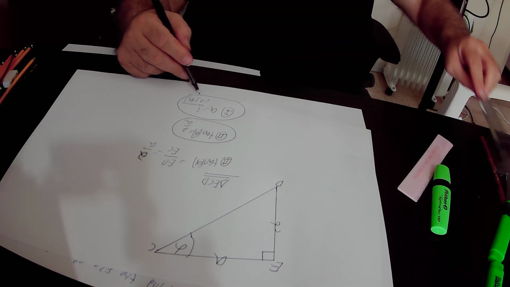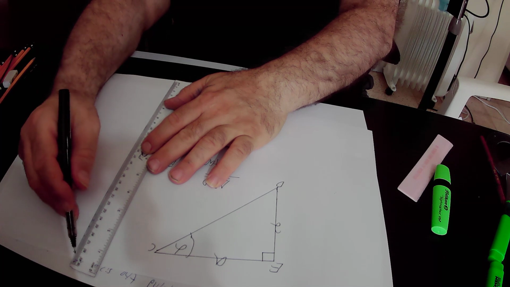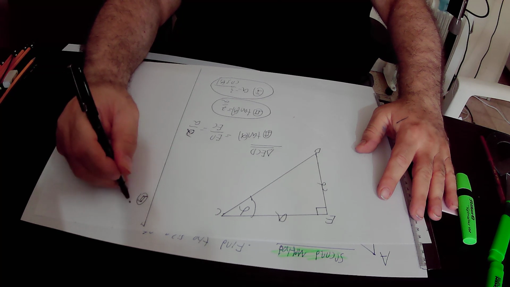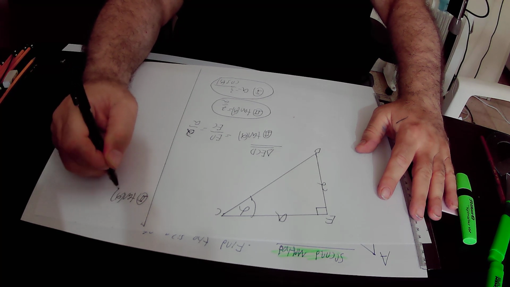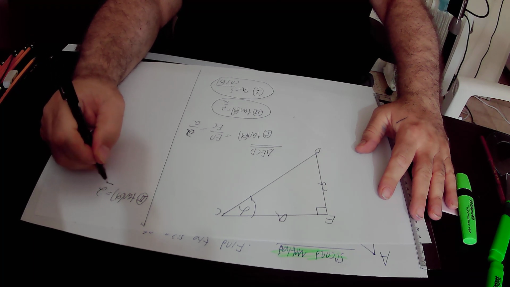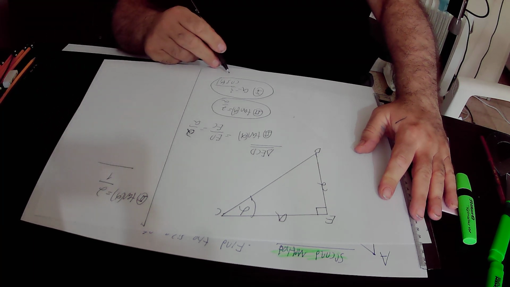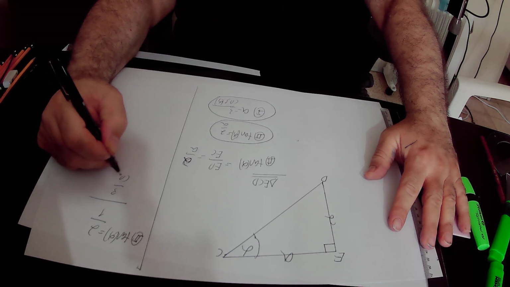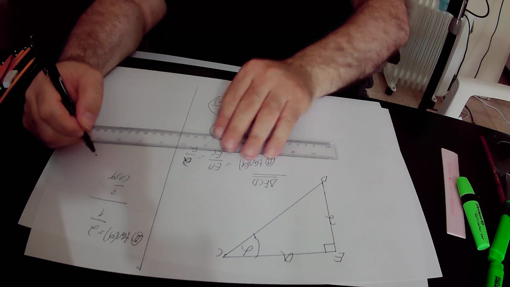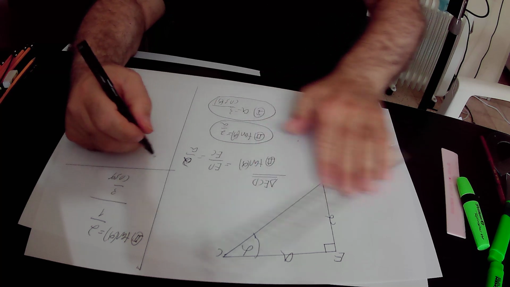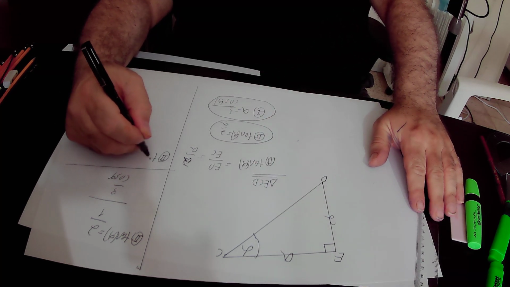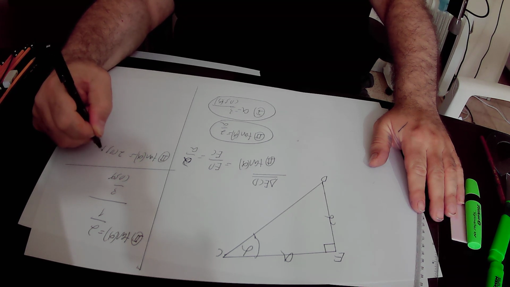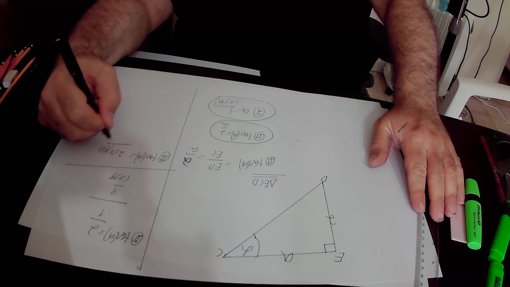We will do it now and we will get that according to equation number 2, tangent alpha equals 2 over A, and A according to equation number 1 equals 3 over cosine alpha. So in conclusion, tangent alpha equals 2 times cosine alpha over 3.